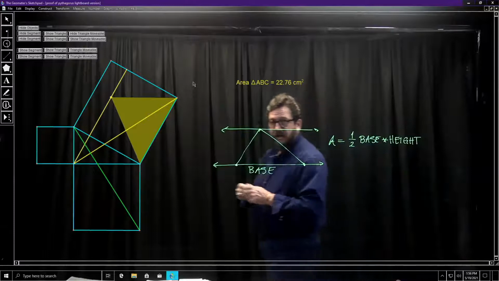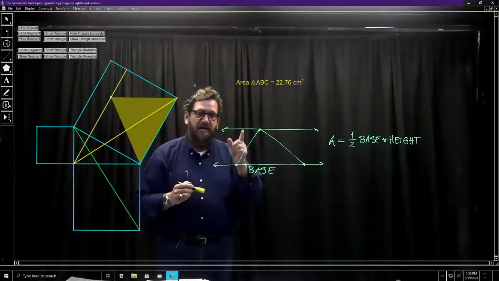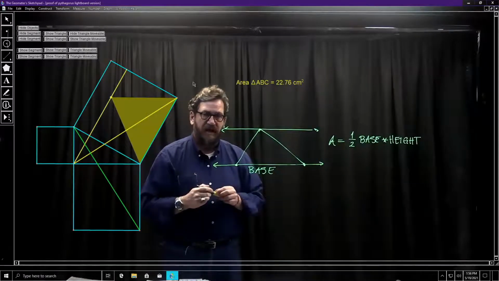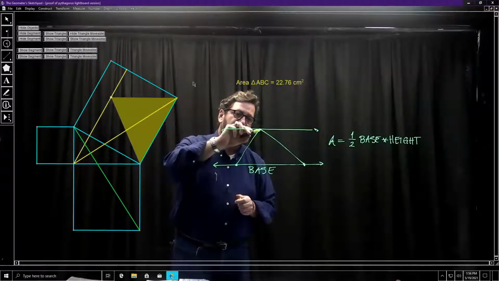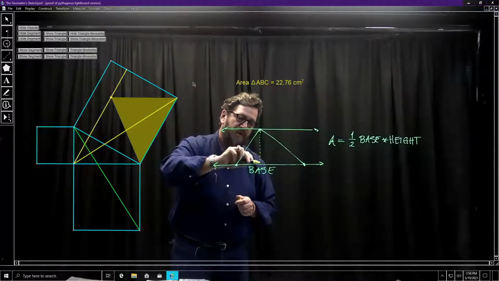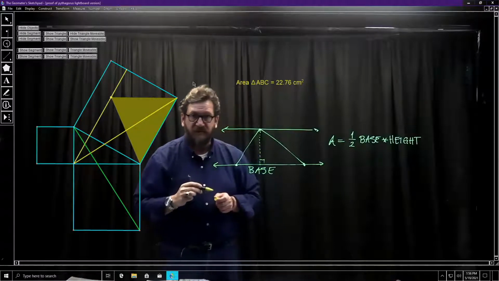Well, the question is, what is the height? And if it's parallel lines that we have, we know the height is typically thought of as being the distance from the third vertex in a perpendicular fashion to the opposite side.